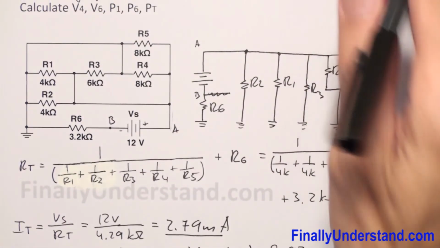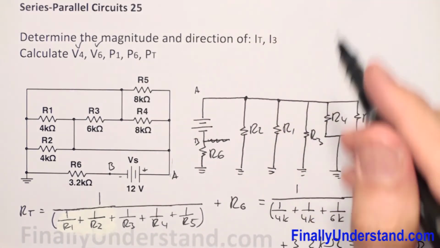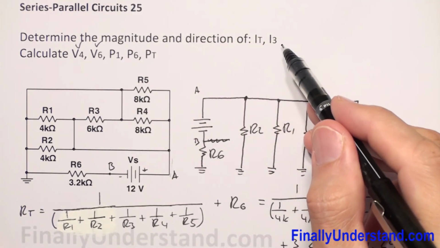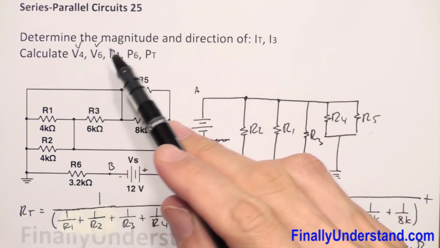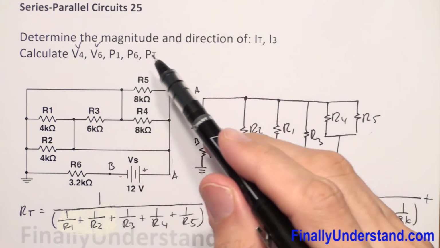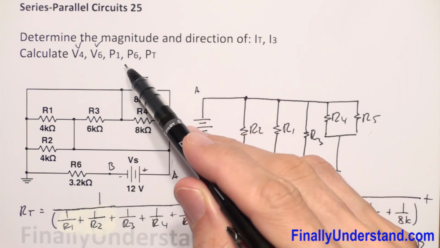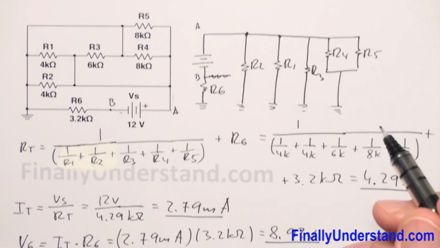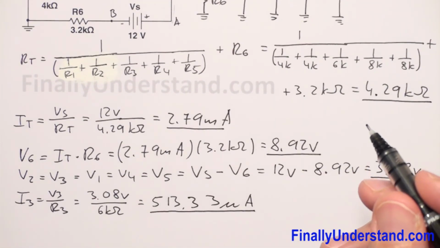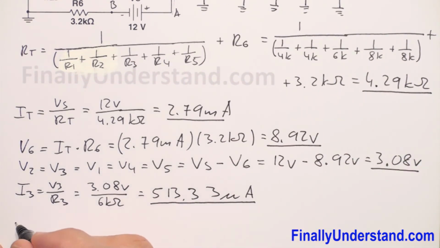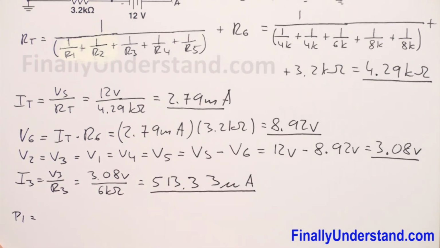So we found I total, I3, we found V4, we found V6, so now we can find P1. P1 is the power at resistor 1. Because I have the voltage across resistor R1, I can use the formula V1 to the second power over R1.